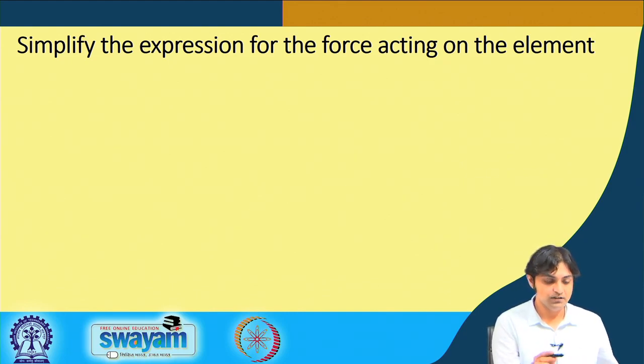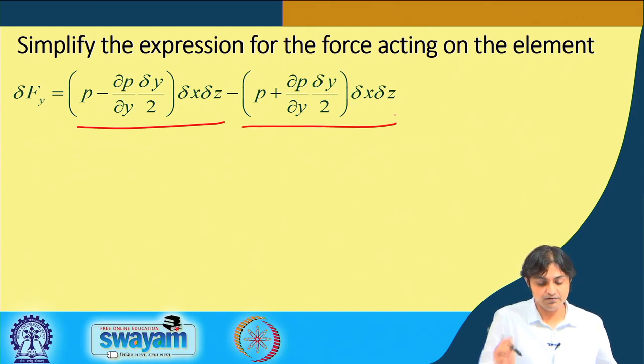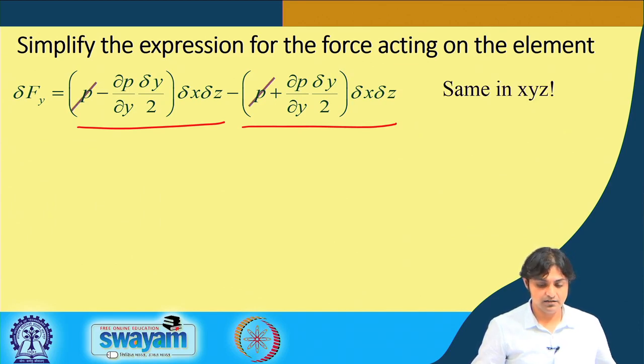Very simple. In the y direction, this was the pressure force, minus this force. This was acting on this side, and this force was acting from the right. So P and P can get cancelled. We will have the same in x, y and z.